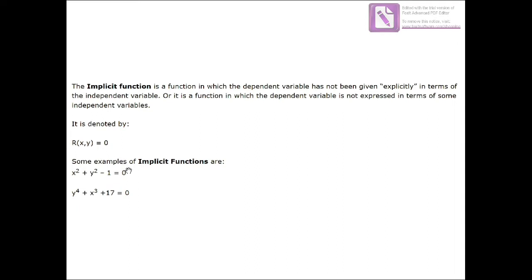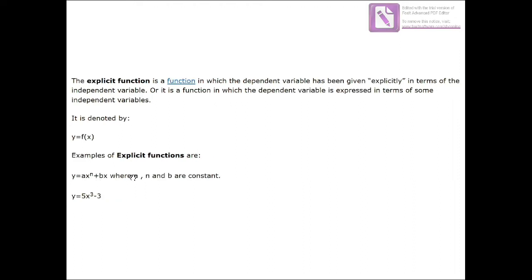And here we have some examples of implicit functions. For example, x^2 + y^2 - 1 = 0, or y^4 + x^3 + 17 = 0. So this one is an implicit function because it is a function of two variables x and y. This one is an explicit function because it is a function of one variable.